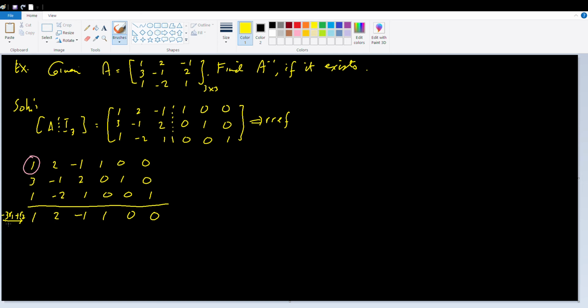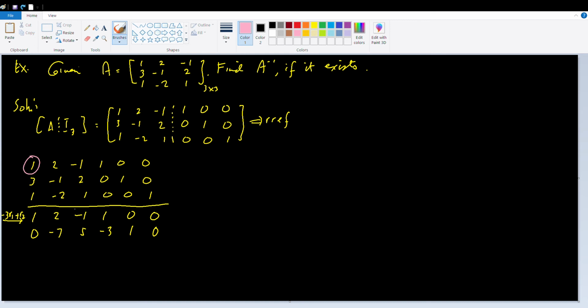So, negative 3 times 1 is negative 3 plus 3 is 0. Negative 3 times 2 is negative 6, and negative 1 is negative 7. Negative 3 times negative 1 is positive 3, plus 2 is 5. Negative 3 times 1 is negative 3, and 0 is negative 3. Negative 3 times 0 is 0, plus 1 is 1. Negative 3 times 0 is 0, plus 0 is 0. Okay? Next, we need to make this a 0.